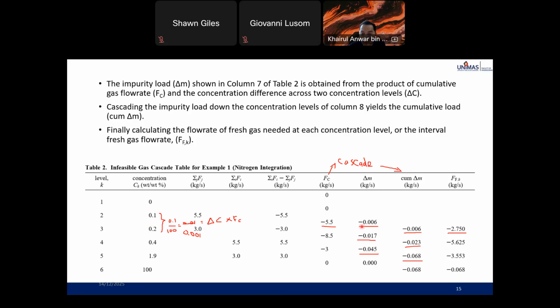Then you get negative 0.006, for 0.4 to 0.5.